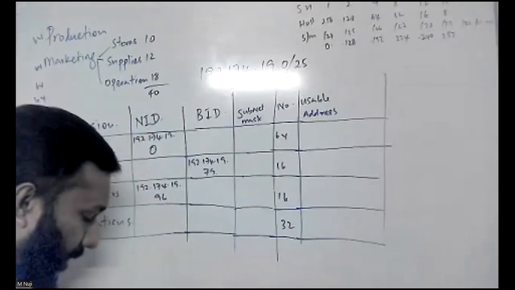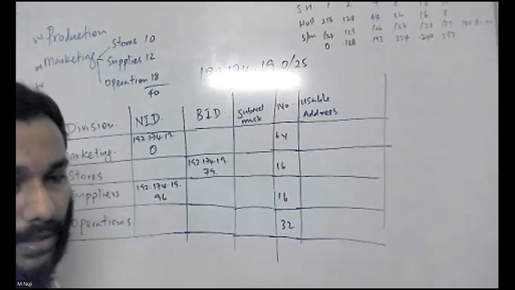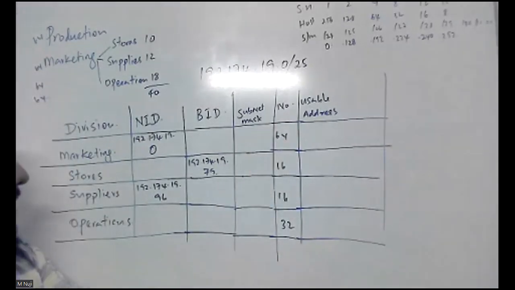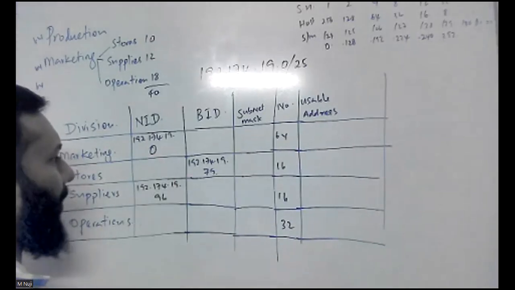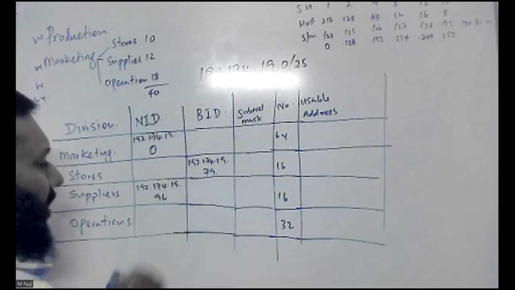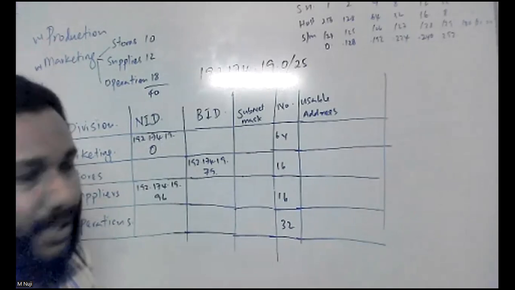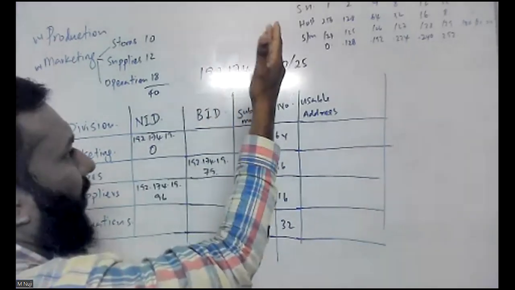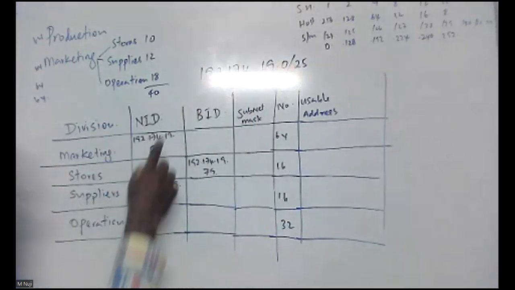Here, my dear students, first of all let's see the 64 bits. I hope you remember this. When you add the values, the first number is 0. As usual, you can fill in 192.174.19.0 as your first network ID.